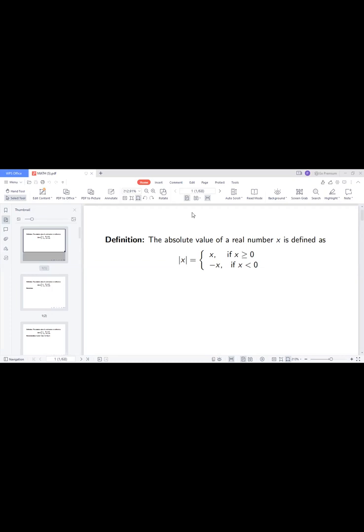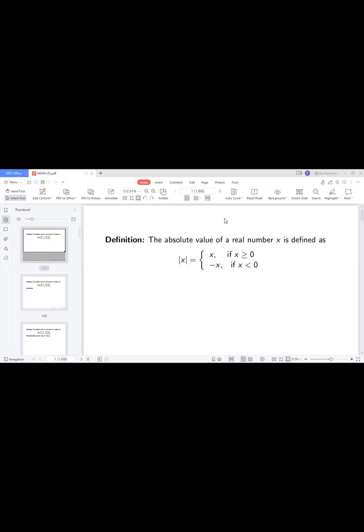So the sign does not matter if you're only interested in the distance of the integer. So by obtaining it, you disregard the sign. Sometimes it is defined, the absolute value of a real number is defined as the number regardless of the sign. But actually, it's not the definition.